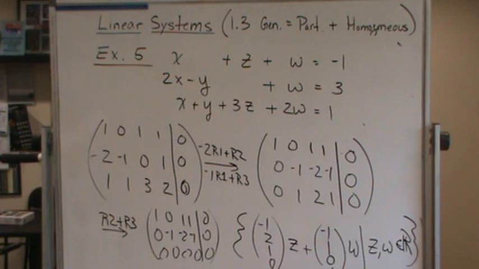But keep in mind, because the original system has no particular solution, its general solution set is empty. There are no vectors of the form P plus H because there are no P's. So the solution set is the empty set for the particular case.